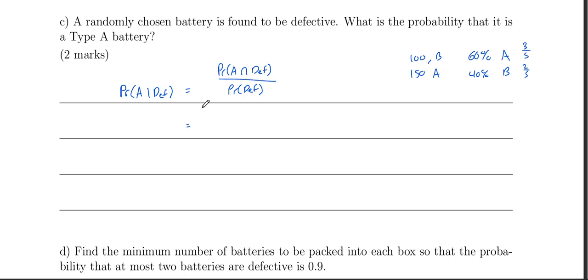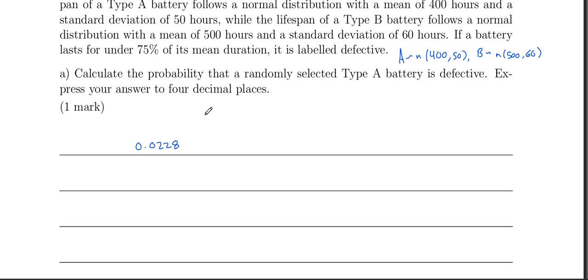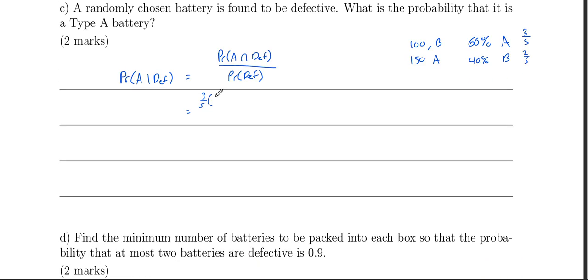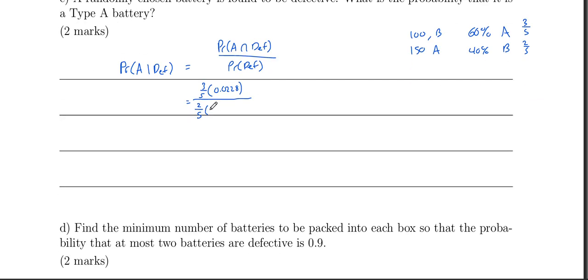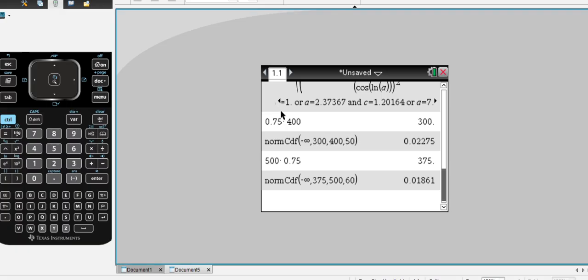So probability of A and defective is going to be 3 on 5 multiplied by our answer to A, so 0.0228. And the probability that it's defective is the probability that it's B and defective plus the probability that it's A and defective. So B and defective is going to be 2 on 5 times our answer to the previous question, 0.0186, and then plus 3 on 5 times 0.0228.